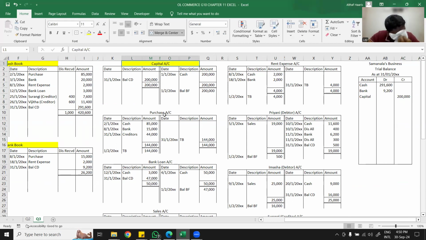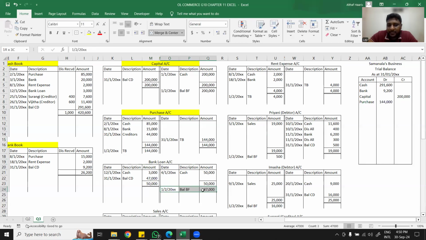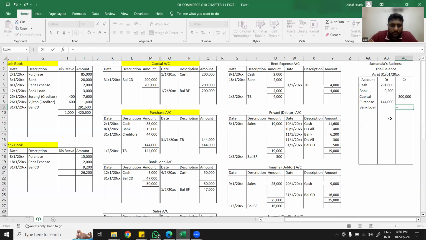Now you see purchase. Purchase is there in the debit side. Expenses should be debit, no, Lamai. 144,000. Bank loan here, see credit side. Liability, no, Lamai. Bank loan 47,000.